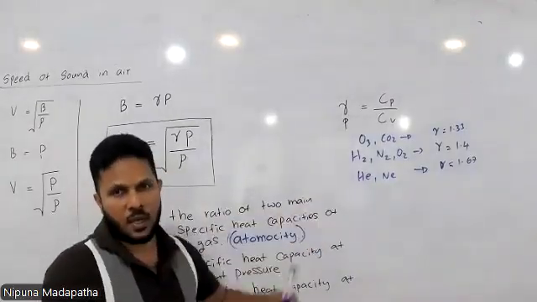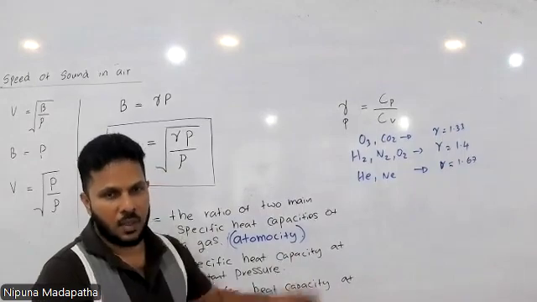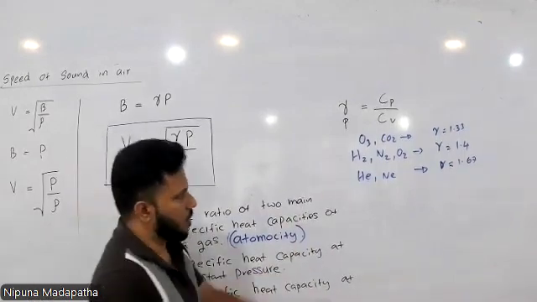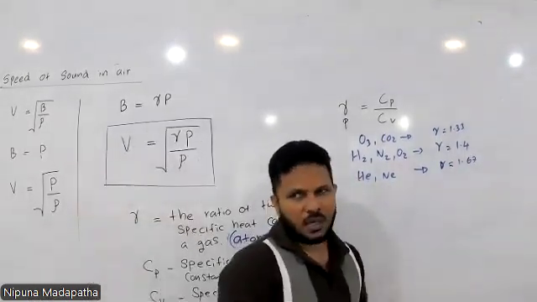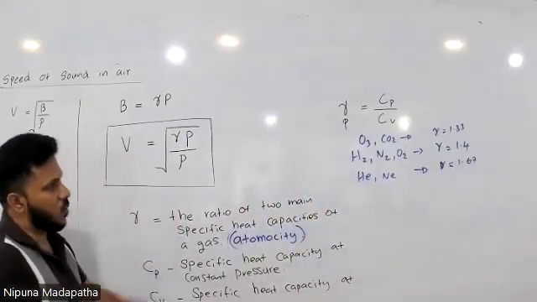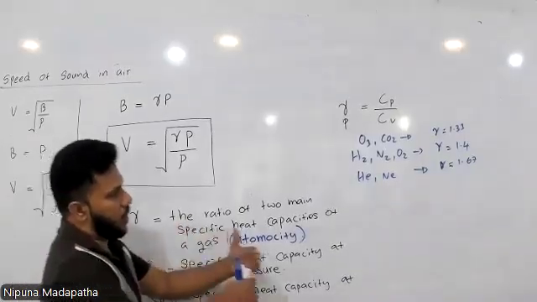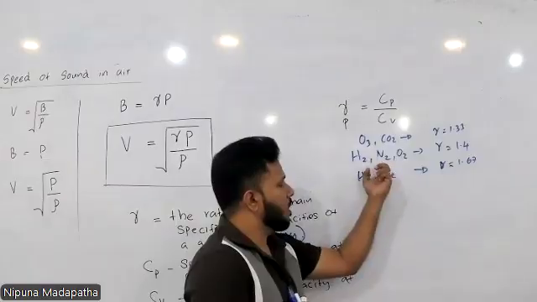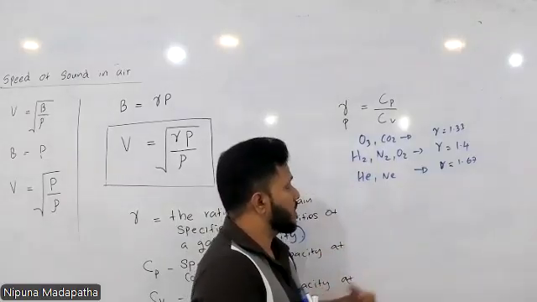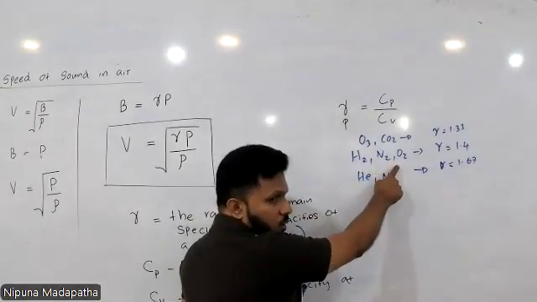No need to remember these values. They will provide them. But normally, for diatomic gases, it is 1.4. In normal air, the greater percentage consists of N2 and nearly 20% is O2.